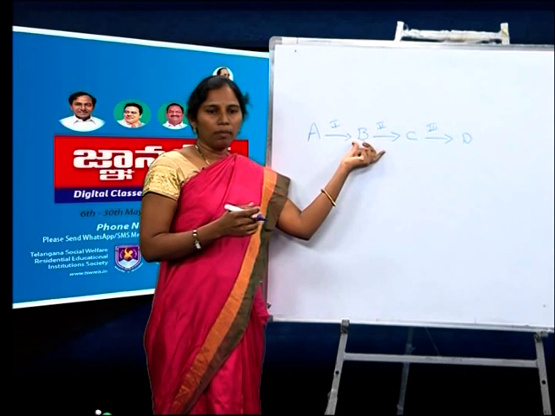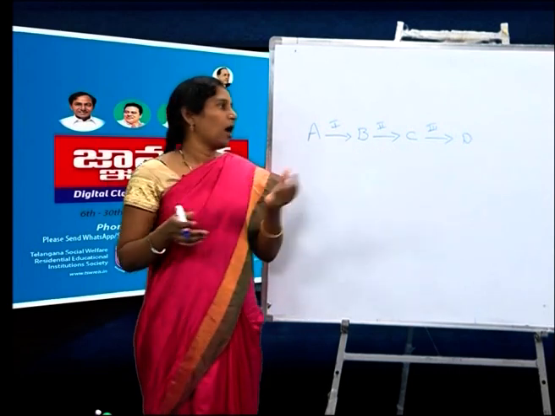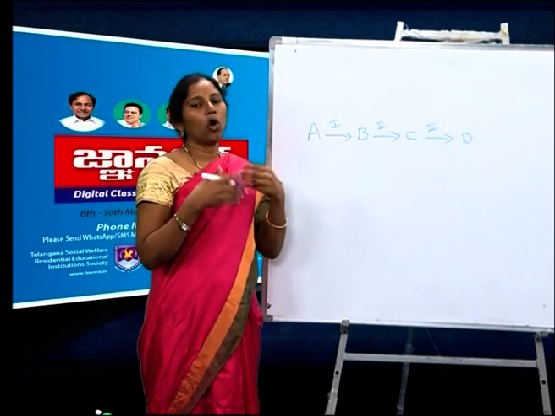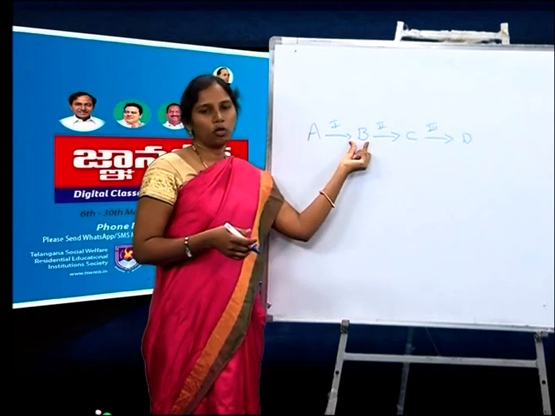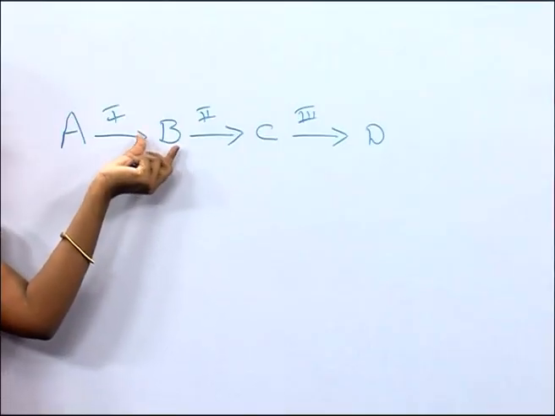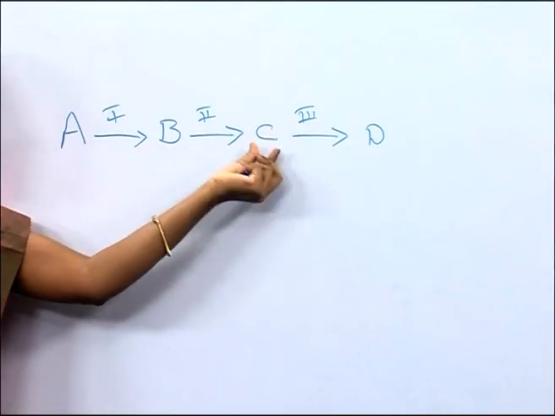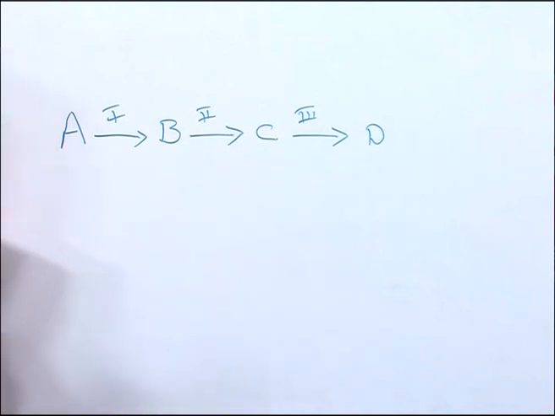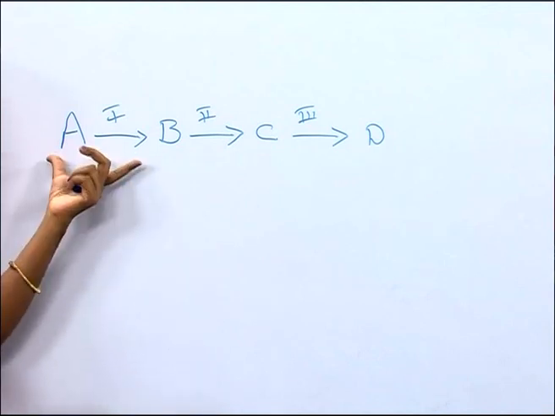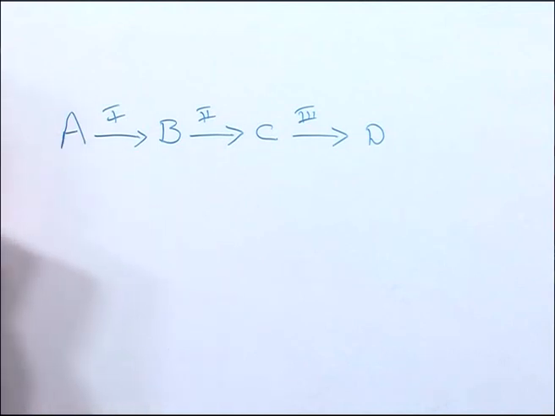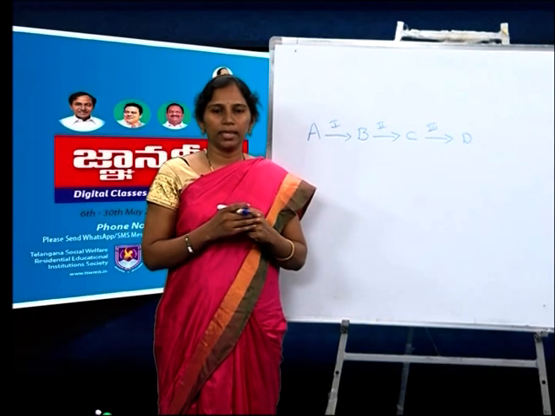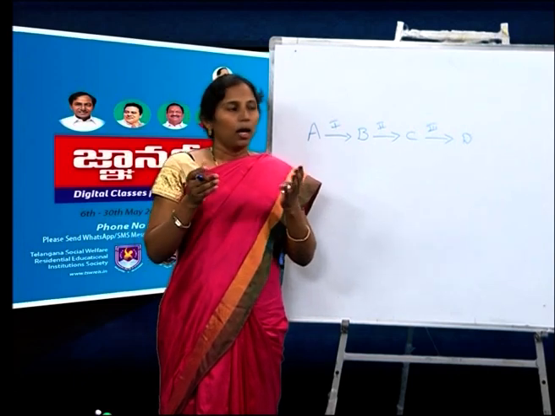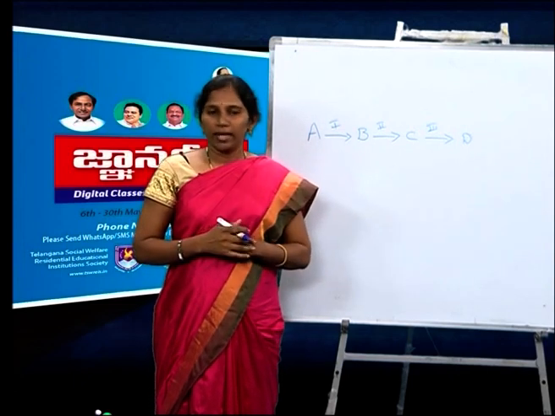If it is not B, we have to come back, we have to change the starting material or the path followed for the conversion of A to B. Like that, in each and every step, the product should be structurally confirmed. Then only we have to go further. Okay, this is only an example. If you take Taxol, which is a drug used for cancer, it involves 19 steps for its synthesis.